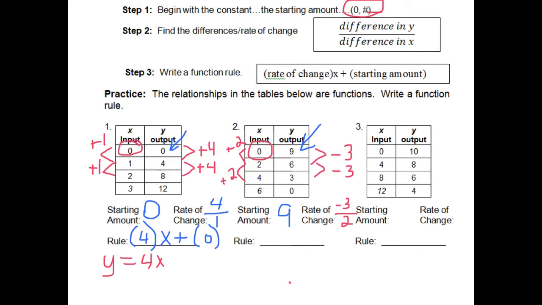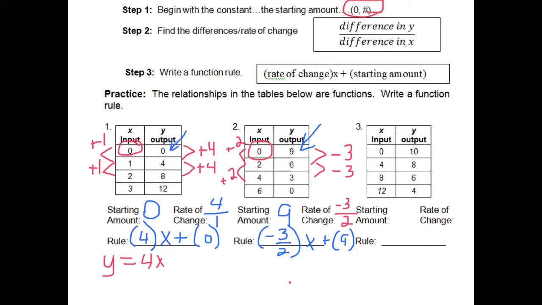So our rule, if we start plugging everything in, is we're going to take our rate of change, which is negative 3 over 2, x, plus our starting amount of 9.